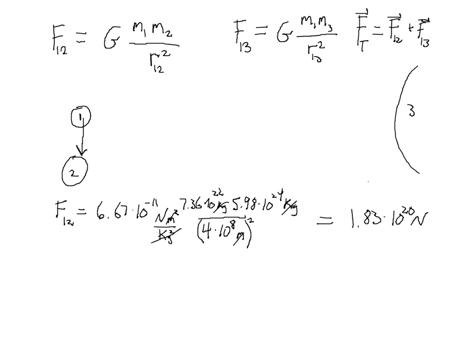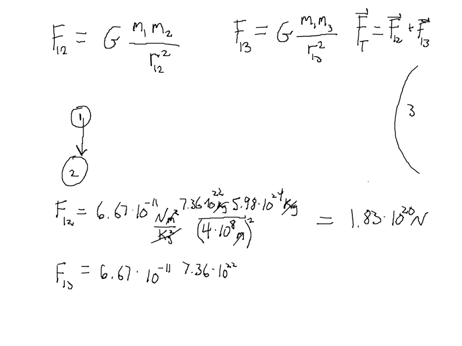All right, now we need to find F13. That will be the same gravitational constant, times this time the mass of the moon, which is still 7.36 times 10 to the 22.